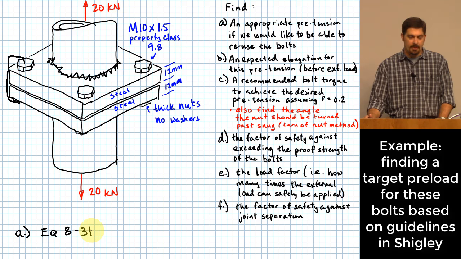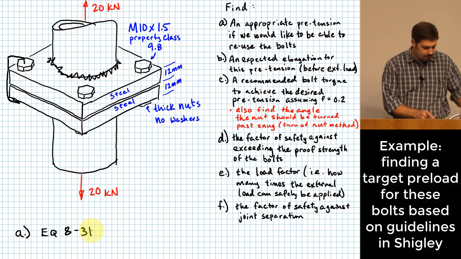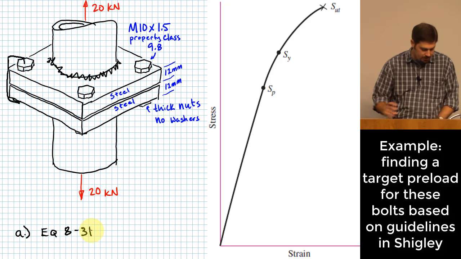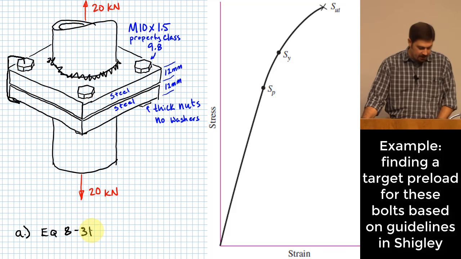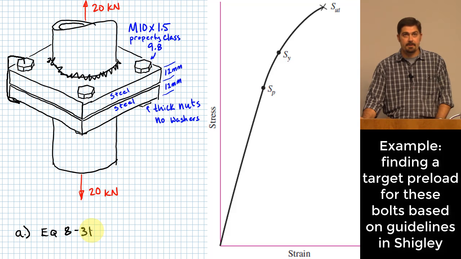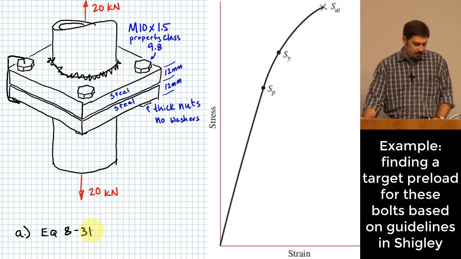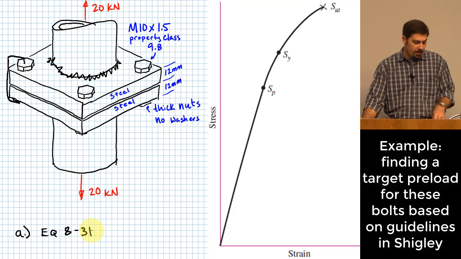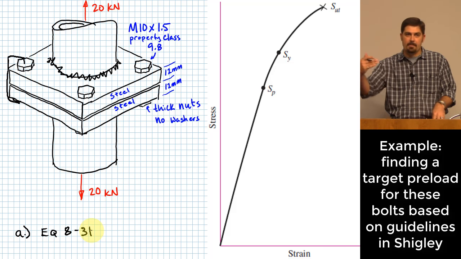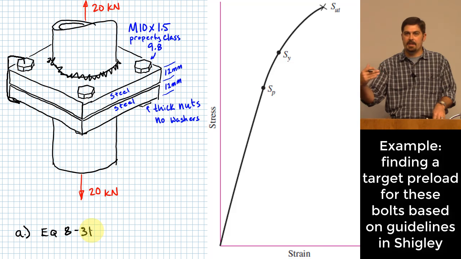Okay? Proof load, if you go back to the stress strain curve that I showed you a few seconds ago, the proof stress in a bolt is actually a little bit less than the yielding strength of a bolt. The reason for this is that when you define a yielding strength on a stress strain curve, it is basically a point where you have a detectable amount of plastic deformation.